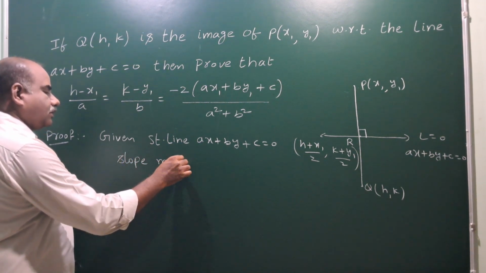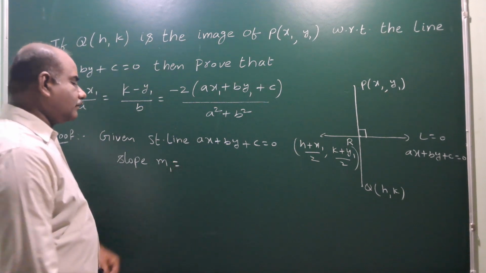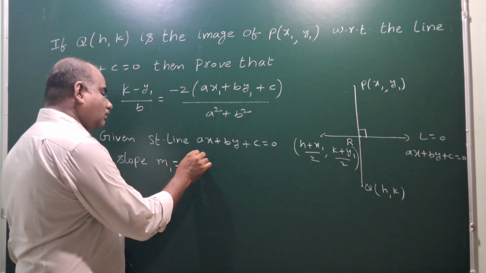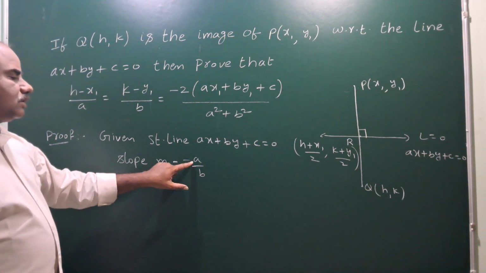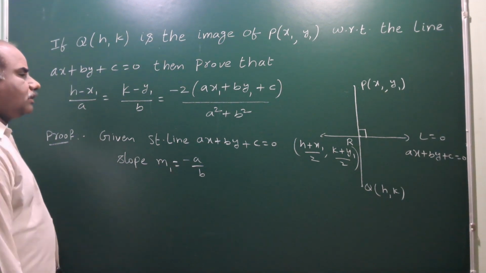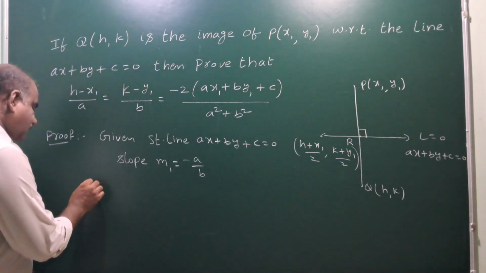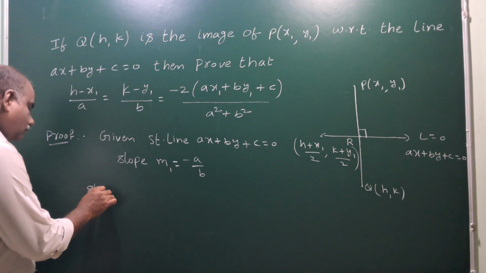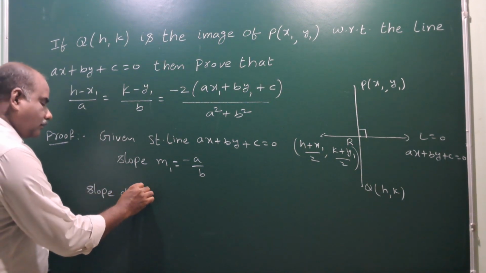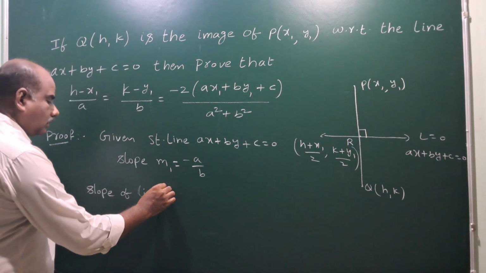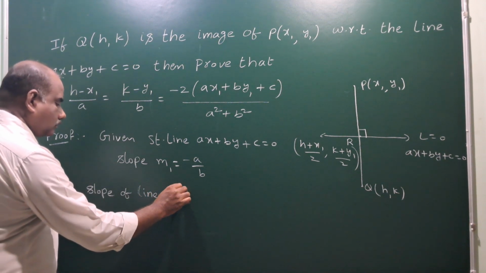Let us say the slope of this line is m1, then the formula for slope is -a/b, minus x coefficient by y coefficient. Okay, next, slope of line segment PQ.